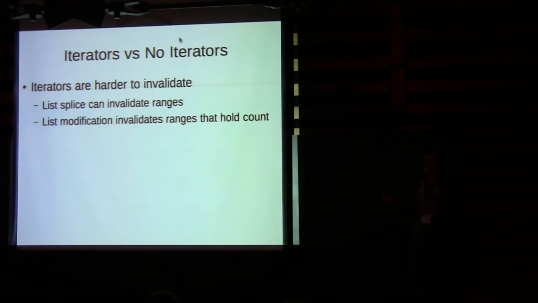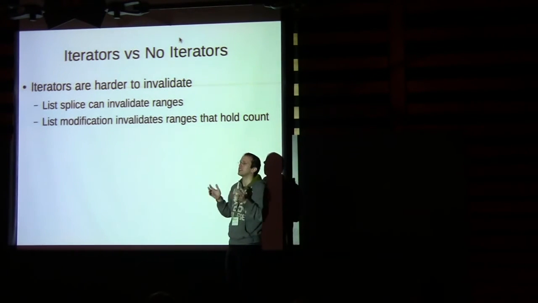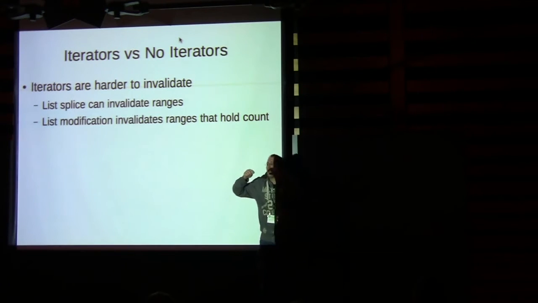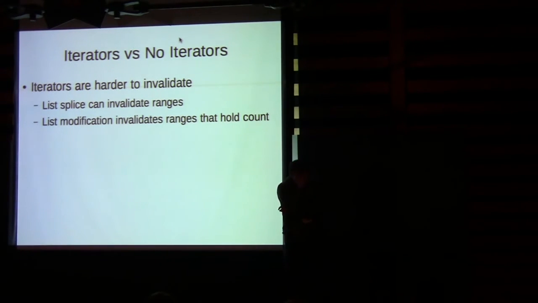I don't want to try to specify that, because in the end, I want my documentation to say when is a range invalidated. And I don't want to have to write down that if you splice, then that range is in this weird state where if you do this, that's safe, and if you do this, that's safe. But no, it's invalidated. Don't use it.